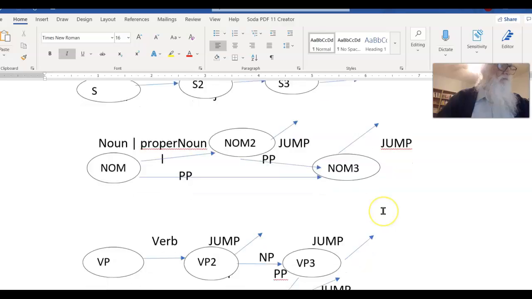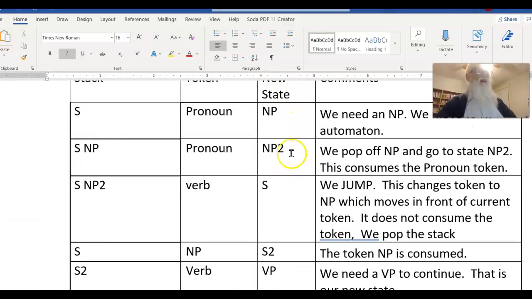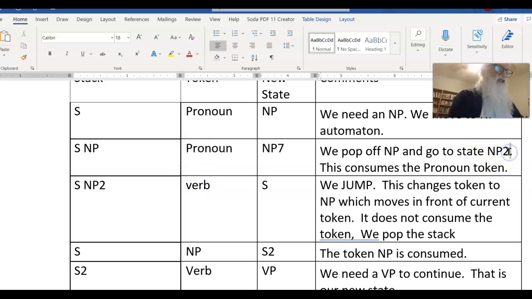So I'm saying that this pronoun took me to NP7. I'm sorry, I didn't have that right. And if I jump to NP7, then that's the new state. I get rid of the state NP and I put in the state NP7.